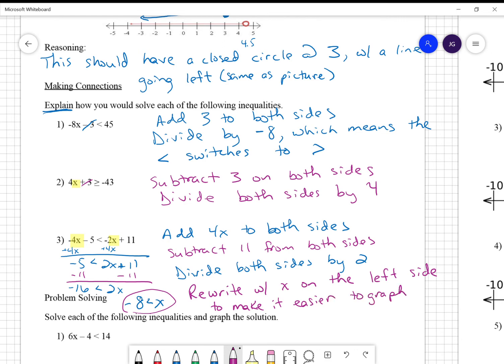So if I move that, this would have x. It opens to x, or points to -8.